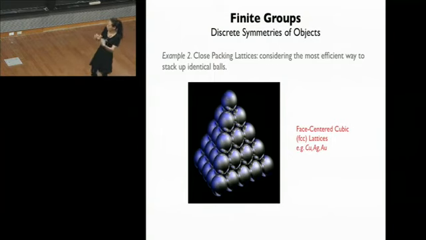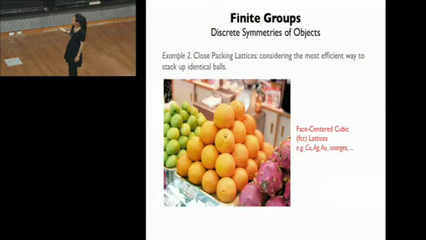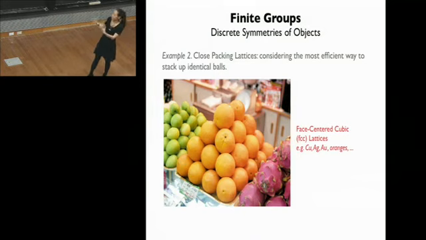So how do you most efficiently pack spheres? For instance, in 3 dimensions, such a sphere packing is given by face-centered cubic lattices, and we all know from high school chemistry that this is how copper atoms as well as oranges in the market are stacked up together. This is the way I want to think about finite groups.